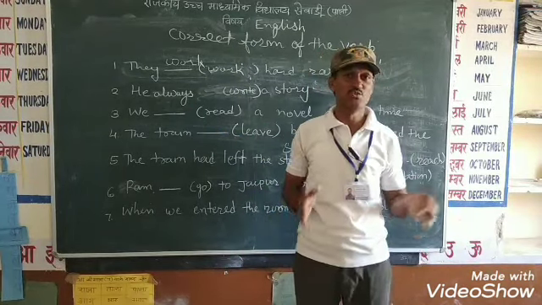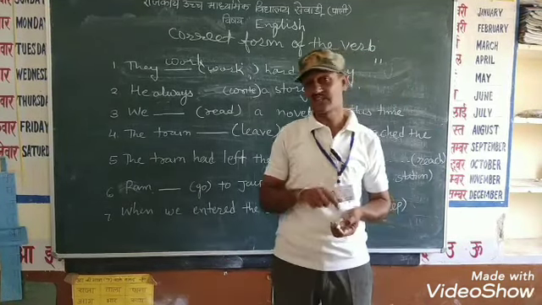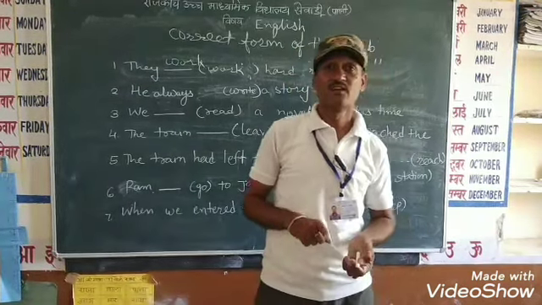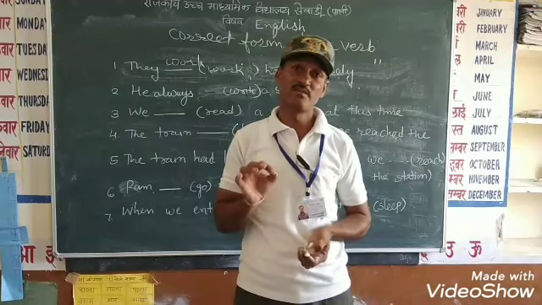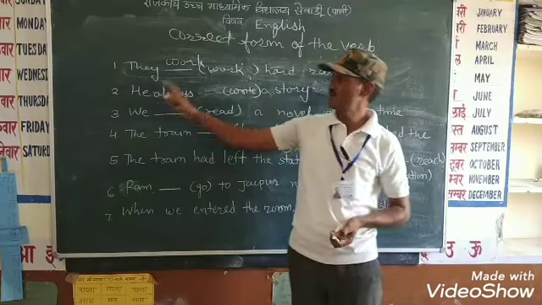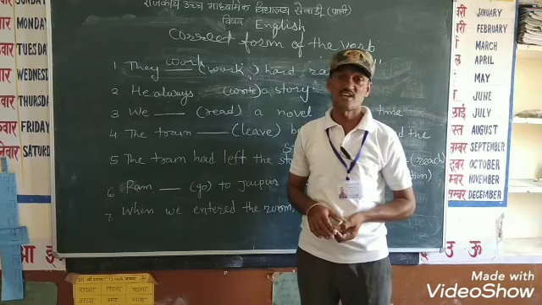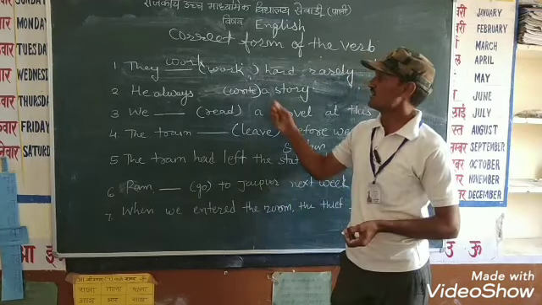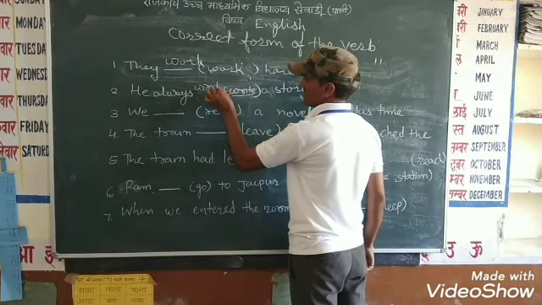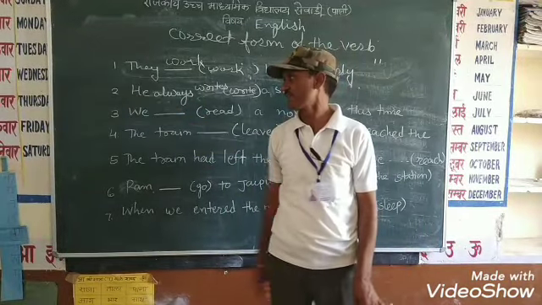If always, usually, rarely, seldom, often are used in the sentence, then we identify that this sentence is of present indefinite tense. The subject is singular, so we use S or ES with the verb, then our answer will be writes, because our subject is singular.